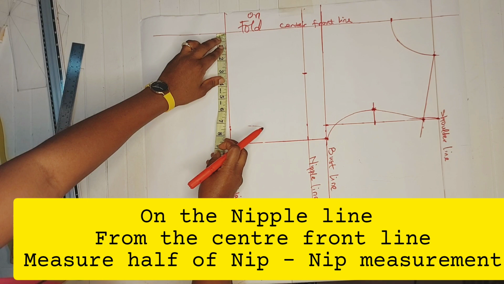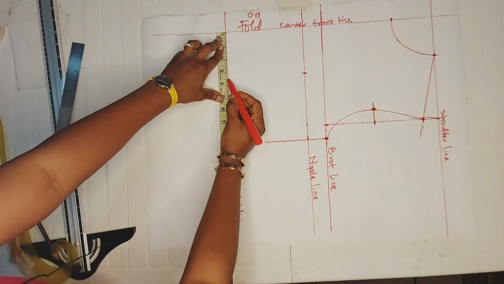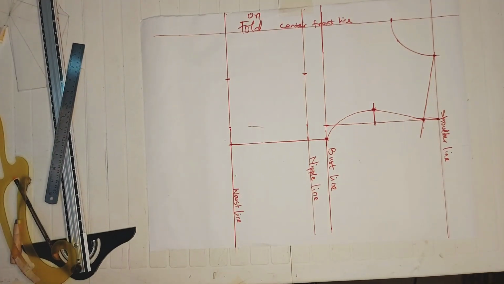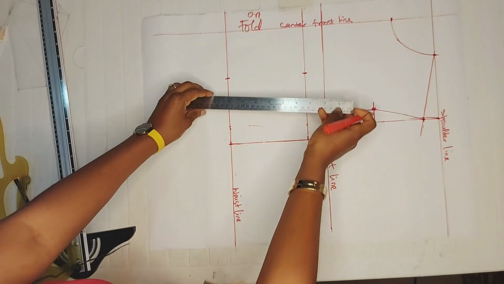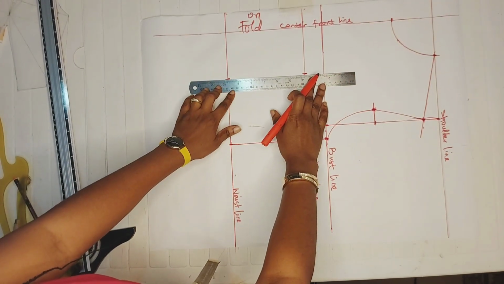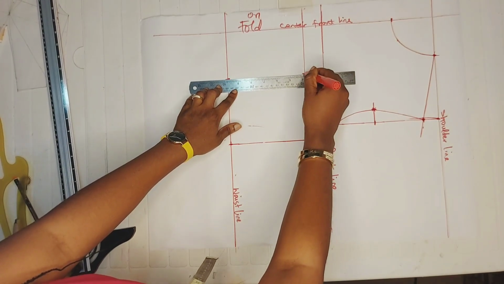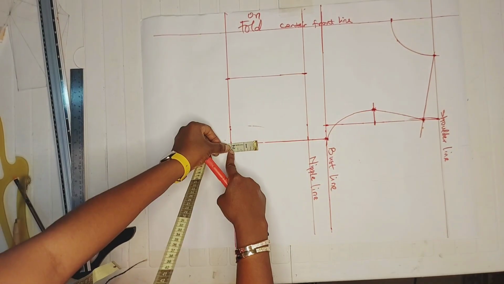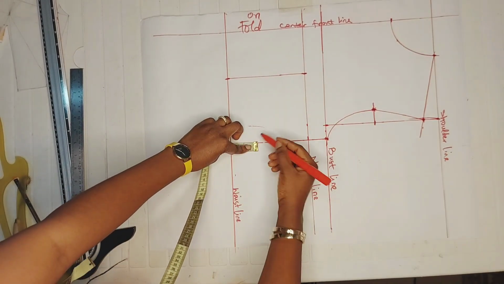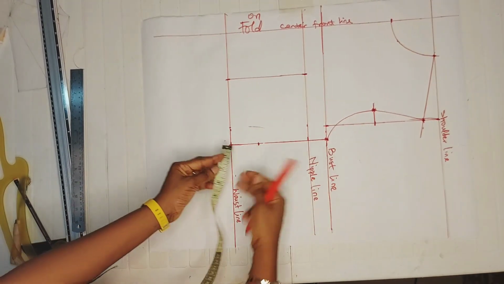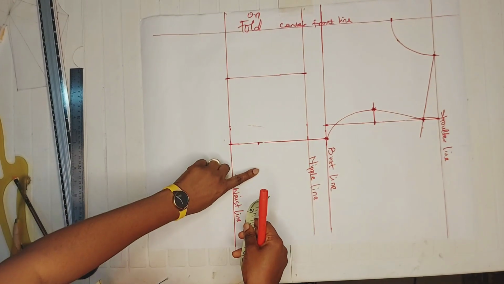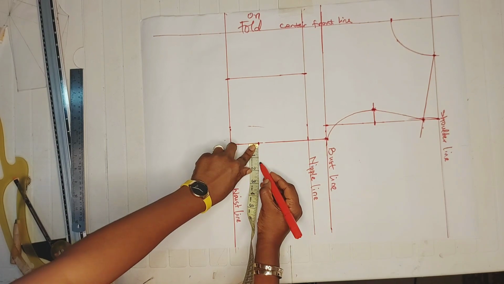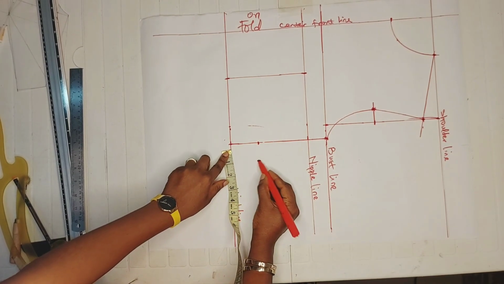We'll also measure that same measurement on the waistline. And then we connect with a ruler. From this waistline, we measure 2 inches upwards and mark that point. Now from that point, we're going to come out by 1 inch and a quarter, which is here.